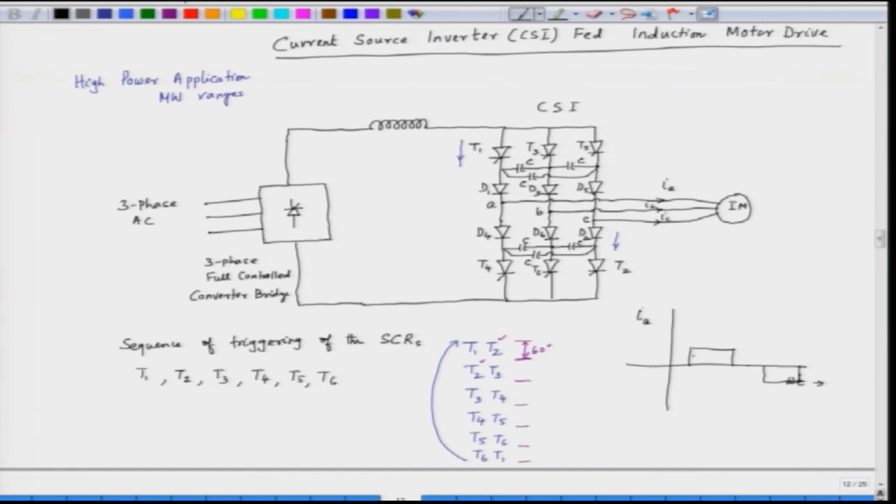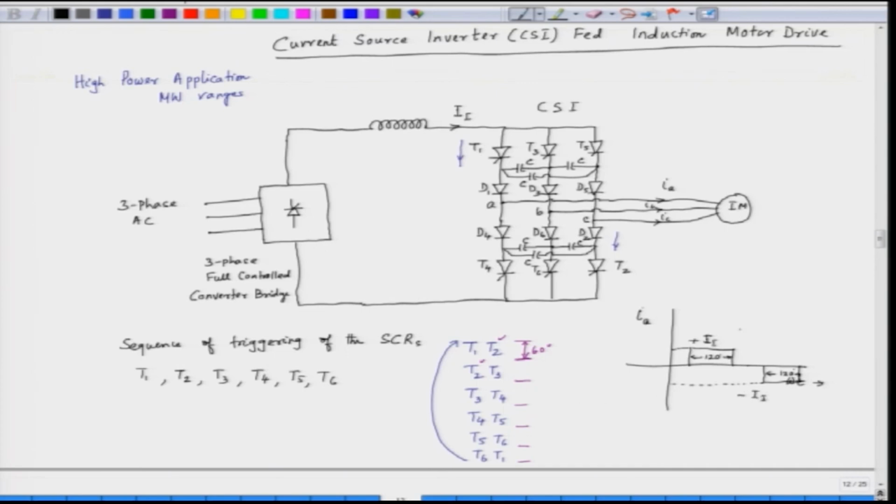This duration is 120 degrees, this duration is also 120 degrees. The inverter input current is, let us say, II and the output is IA. So, this is plus II and the negative side is minus II.